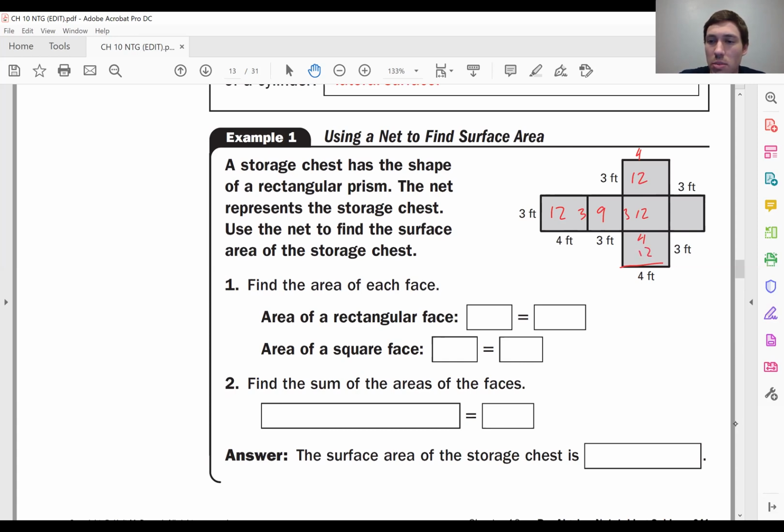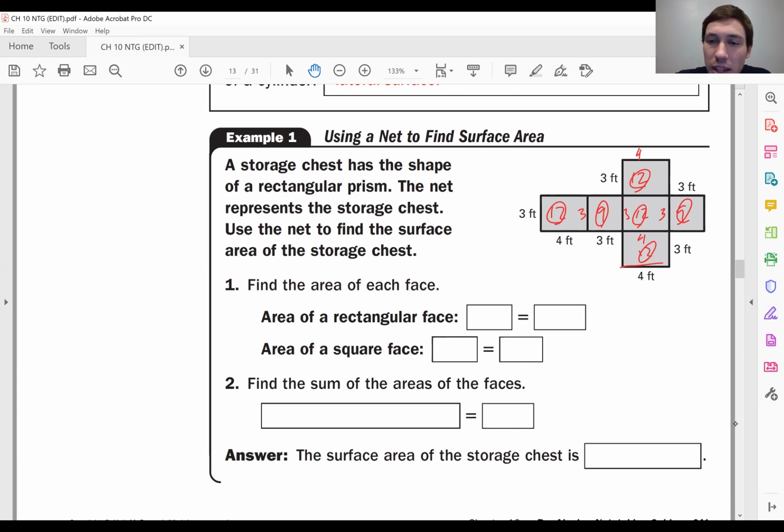And this is a 3 by 3, so this is 9. So if I added those all together, I would get 12 plus 9 plus 12 plus 12 plus 12 plus 9. 48 plus, I would get 66.